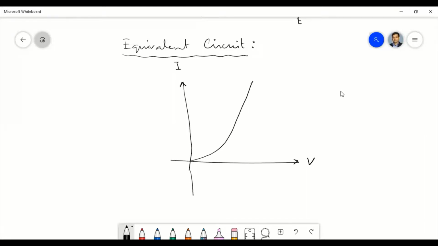As I mentioned in the last class, due to the space charge region, the on-state resistance of the diode becomes more. You can say that is a disadvantage of the space charge region present in the power diode, but I will say it is an advantage because it gives more linear characteristics. So these characteristics become linear, and if we take the gradient of that, it will give me RD, which is called the inherent resistance of the diode.